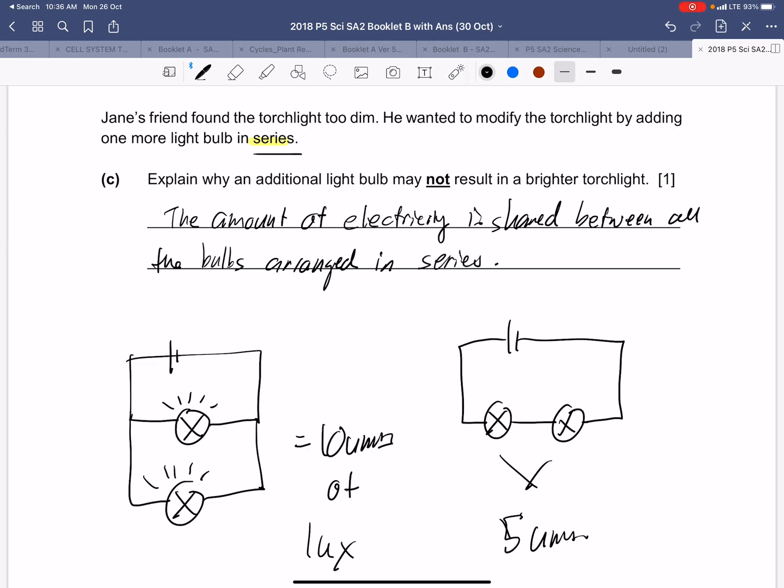Okay, so because the electric current is shared, it wouldn't help with the level of brightness.